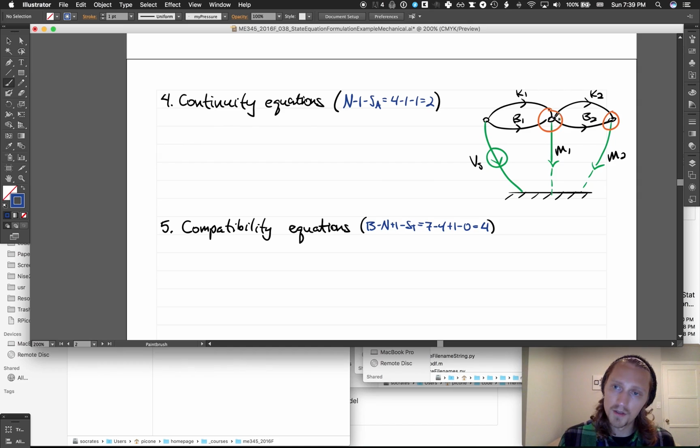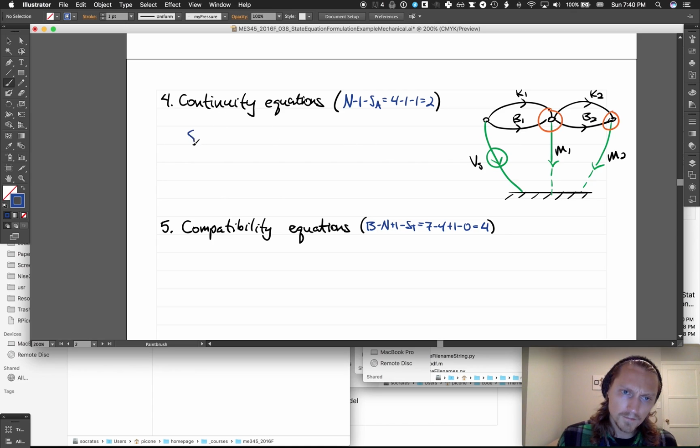The first equation we'll use this contour for. The way that my trick here, or it's not really a trick, we need to solve for the through variable that goes through the only normal tree branch that we've cut. Okay, that's always what we need from our continuity equation. That's what we're going to solve for. So what I typically do is I write that variable and I say equals and then whatever it equals.